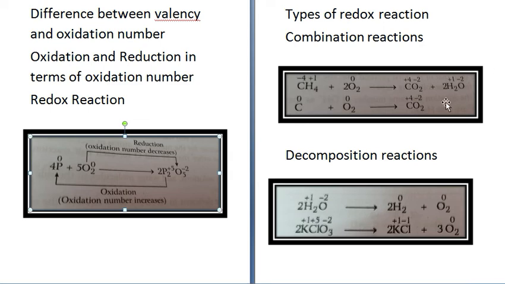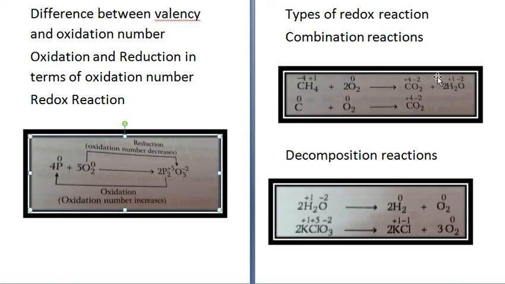So here carbon's oxidation state is increasing from -4 to +4 and in oxygen, the oxidation number is decreasing from 0 to -2. So oxygen is undergoing reduction and carbon is undergoing oxidation.